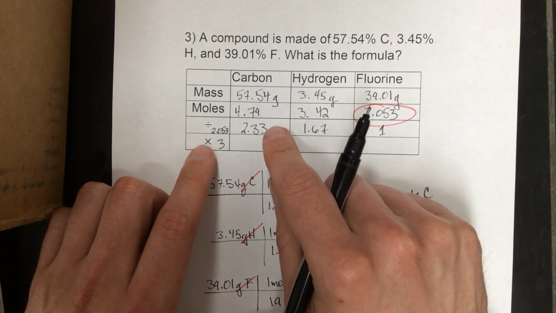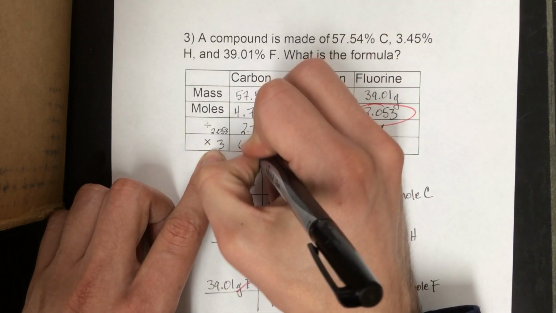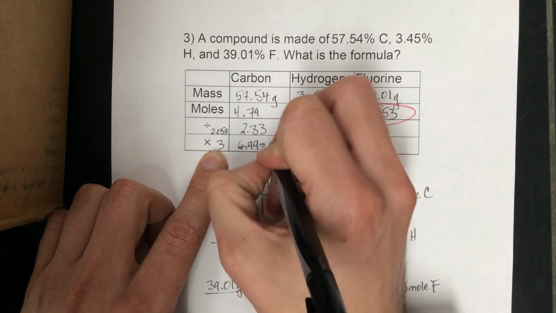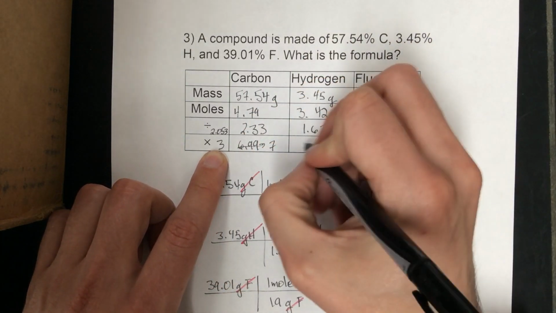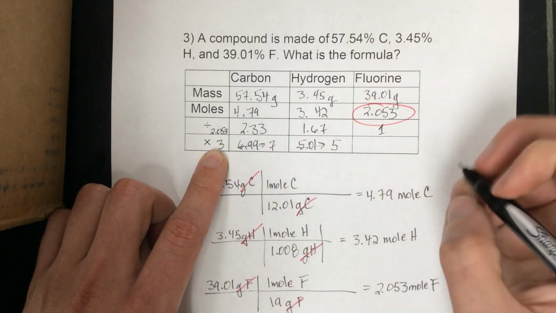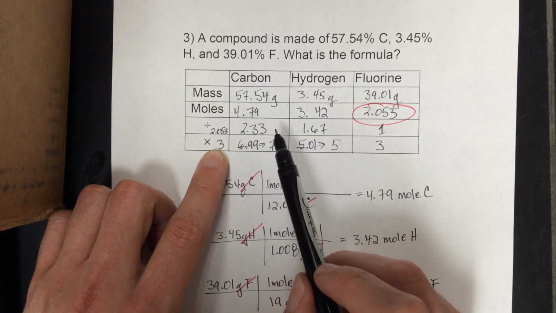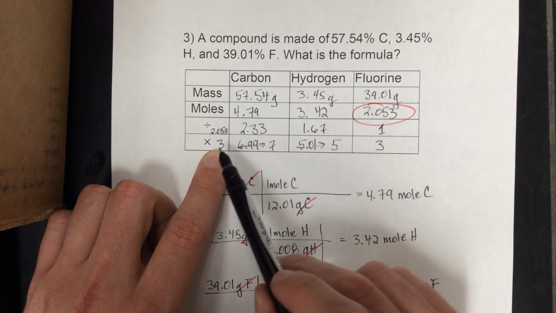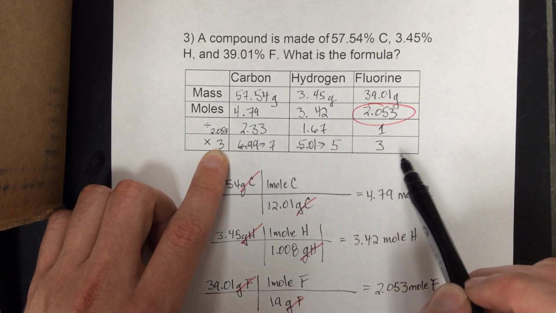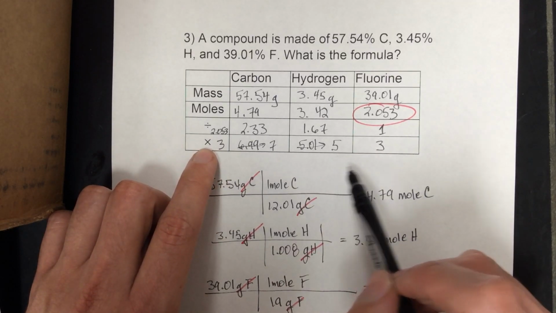And when I do multiply by 3 here, I get 6.99, which would round to 7. I get 5.01, which would round to 5, and I get 3, right? Because I took my 2.33 multiplied by 3, 1.67 times 3, and 1 times 3. These are my whole numbers, so I'm all set.